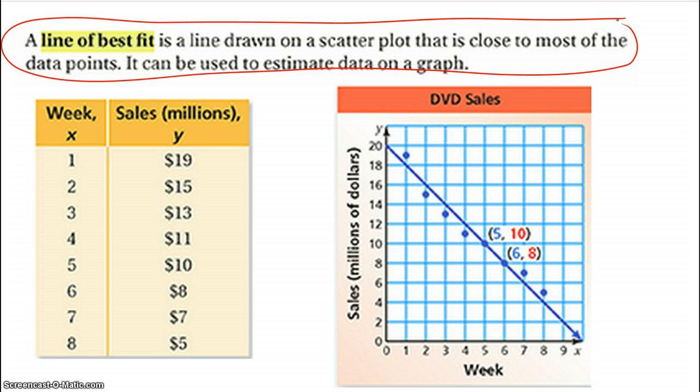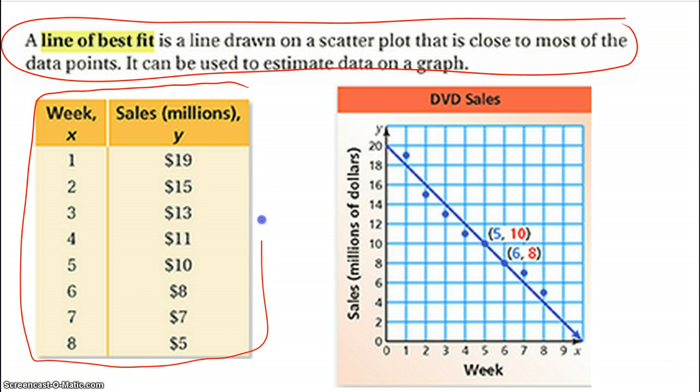And we already kind of drew it on the last page. So, if they give us the data, here's the data, and they wanted us to plot it, but they did it for us already. So we plot over 1 up 19, over 2 up 15, over 3 up 13. We plot all that data. The line of best fit's going to go through all of these the best we can.